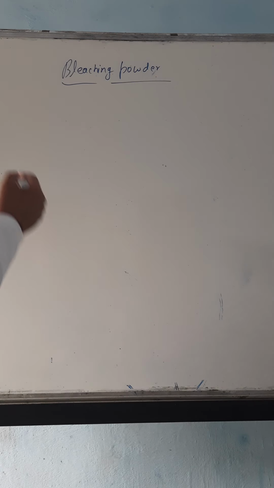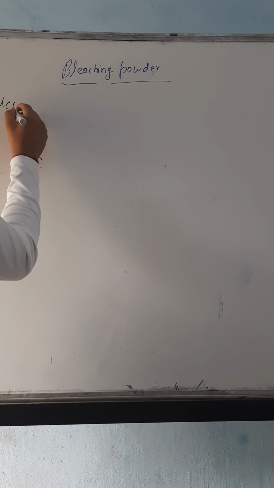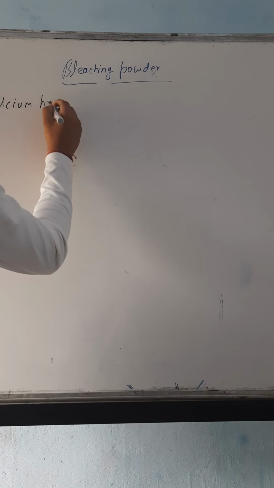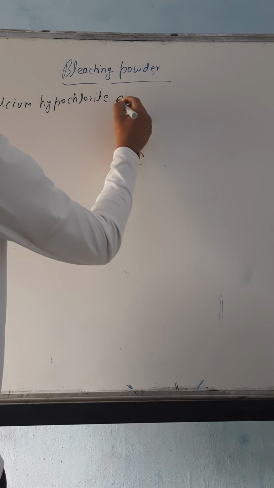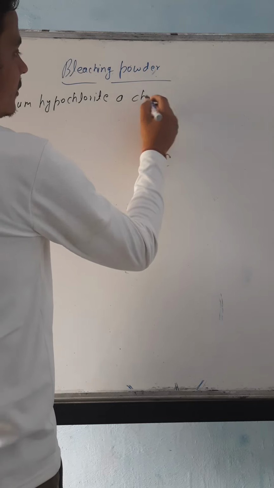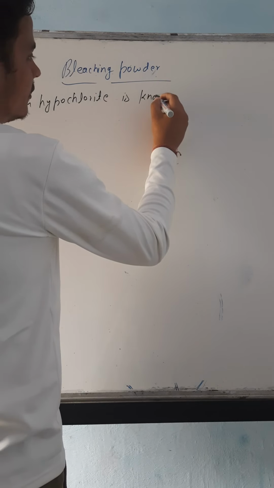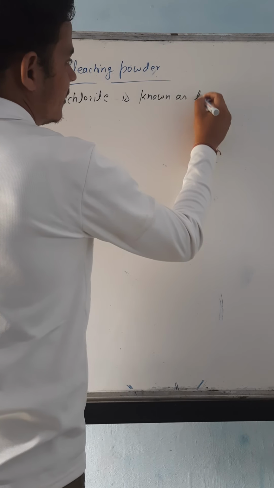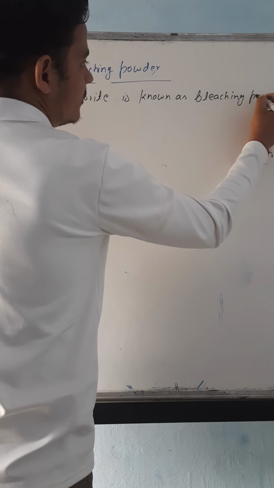It is a chemical compound, calcium hypochlorite. Calcium hypochlorite, a chemical compound, is known as bleaching powder.